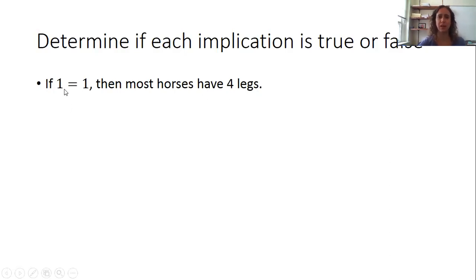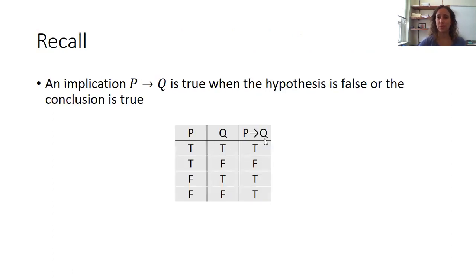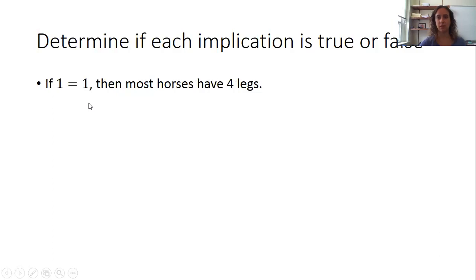Clearly 1 equals 1 is true. Most horses have 4 legs is also true. In terms of the truth table, we're in this first row where P and Q are both true, and that means the implication is true. You can also think of it as true because the conclusion, that most horses have 4 legs, is true. Therefore, it makes the implication true.